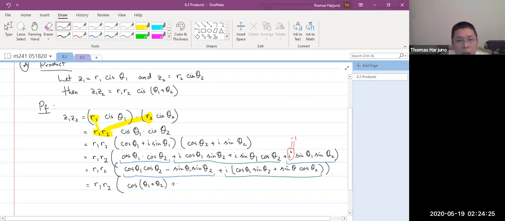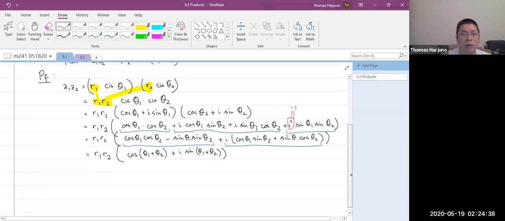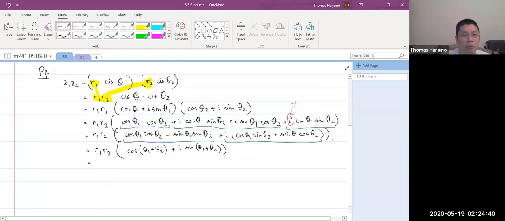Plus i sine of theta 1 plus theta 2. Which then I can summarize to be R1 R2 cis theta 1 plus theta 2. Okay, that's the proof.